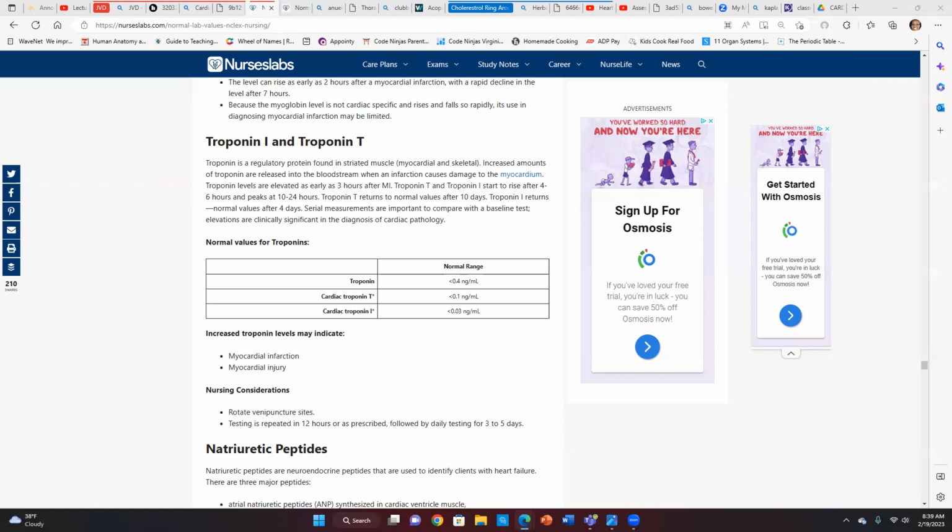You may have heard the word gold standard. Does anybody know what gold standard means? Okay, that's okay. Gold standard means this is the best, this is what we use as a definitive value to diagnose the patient.